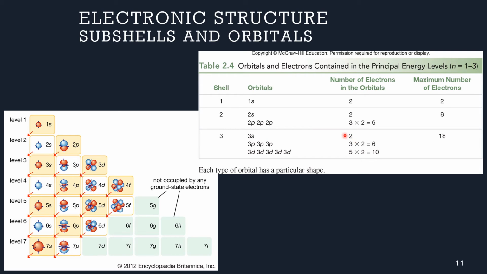There's only one orbital here, so there's 2 electrons that can live there. There are 3 orbitals here. Each orbital can hold 2 electrons, so there's 6 possible electrons that can occur in the p subshell. For the d subshell, there are 5 orbitals, 2 electrons per orbital, so a total of 10 electrons that can occur in the d subshell. If you add these together, 10 plus 6 plus 2, the total number of electrons that you can find in our third shell is 18.